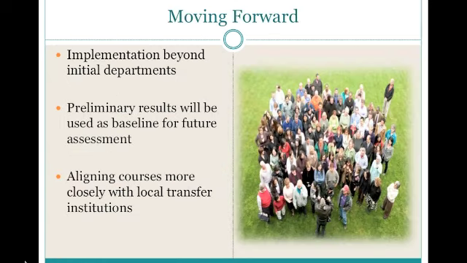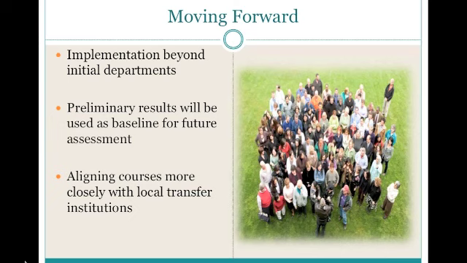Moving forward, we want to implement, obviously, beyond the initial 3 departments. There is some interest in some of the departments, but we haven't been able to concretely get them on board. The preliminary results will then be used in the 3 departments that we currently have as a baseline for future assessment, and then once those other departments come online, we will use the preliminary results in those departments as baseline in the future.